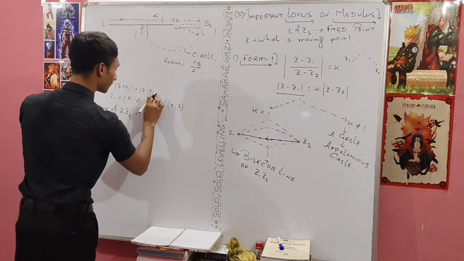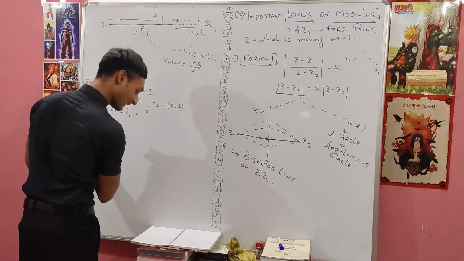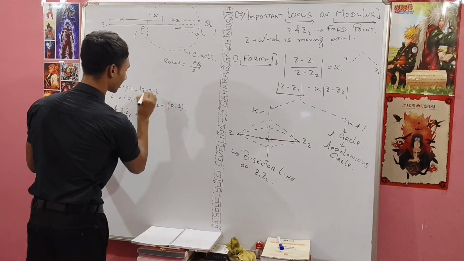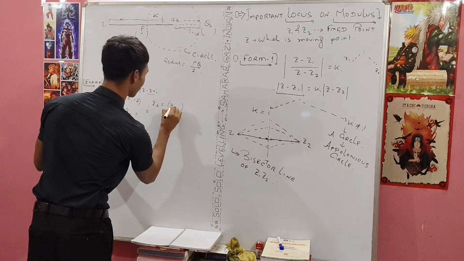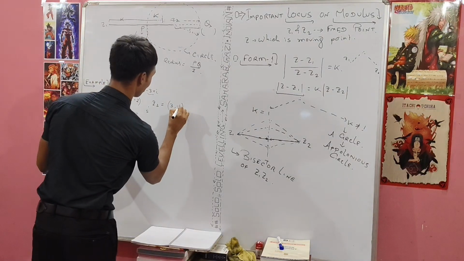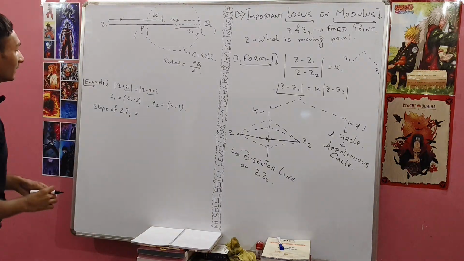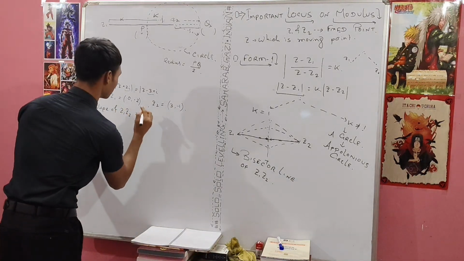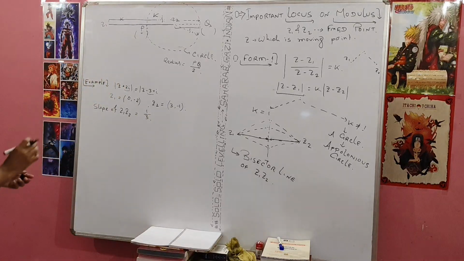Okay, the question was wrong. 3 plus i, so it will be 3 comma minus 1. Okay, 3 comma minus 1. Now y2 minus y1, that is 1 by 3 by x2 minus x1.